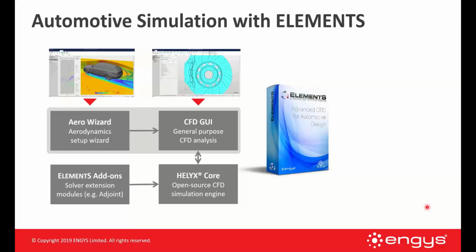There's also a component of Elements add-ons. So we're able to offer solver extensions, additional features, for example, continuous adjoint optimization. This type of technology is used for optimizing internal flows, for topology optimization, so changing the actual shape of, say, a duct, an air conditioning duct.